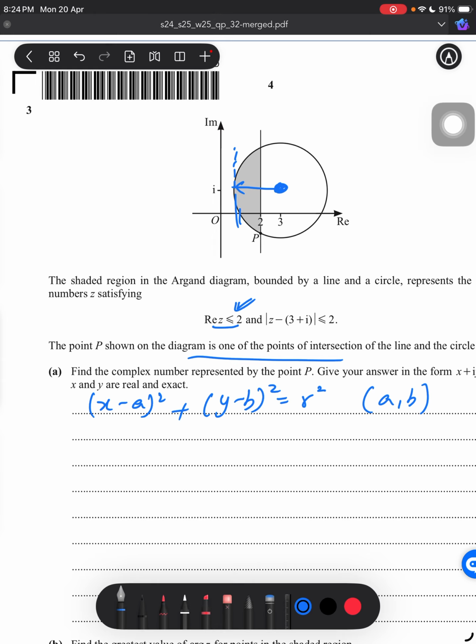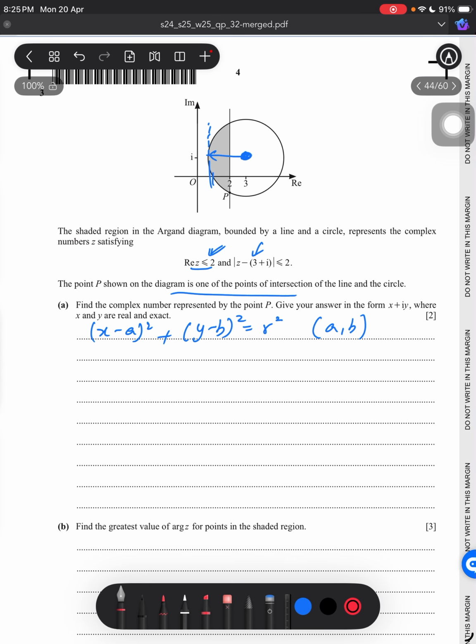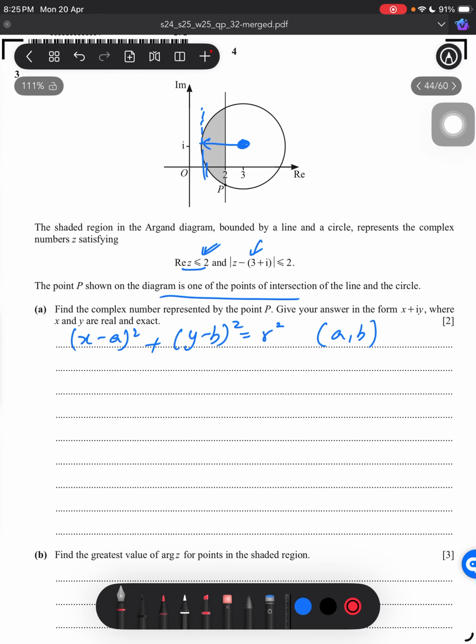Now it's bounded by 3, so this value is a. We can just plug in the values to find the variable y, because y is not given and we do have a.